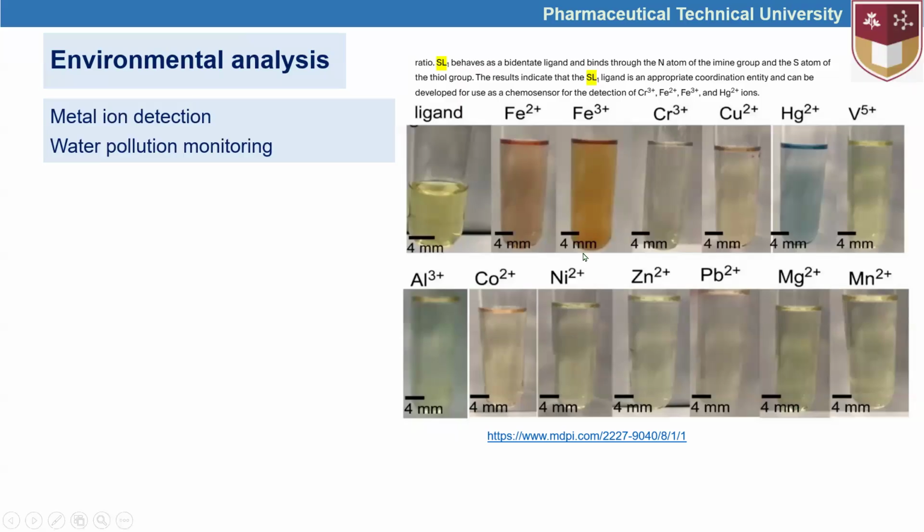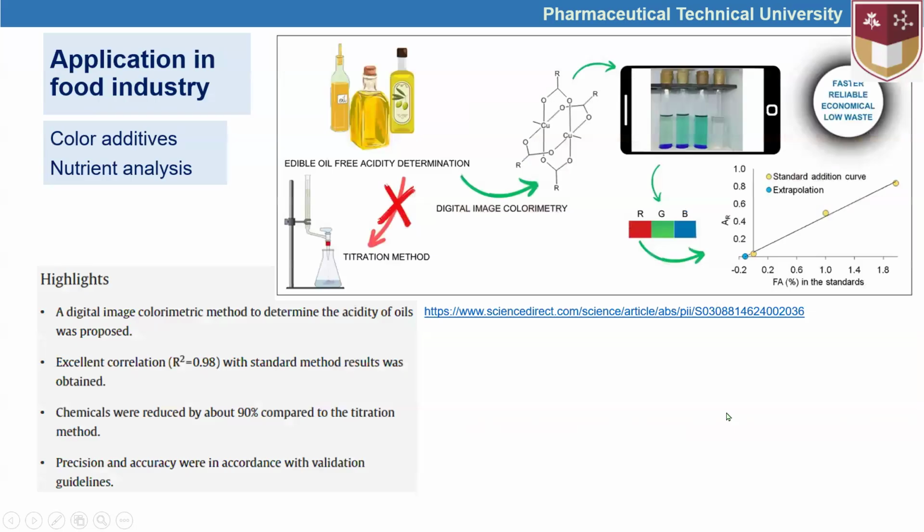If this kind of color forms, we can propose a high concentration of iron ions here, or if it is something like this blue color, we can propose a high concentration of this ion, mercury ions, but this kind of color might only enable us to propose a high concentration of one of these ions, or a mixture of these ions.